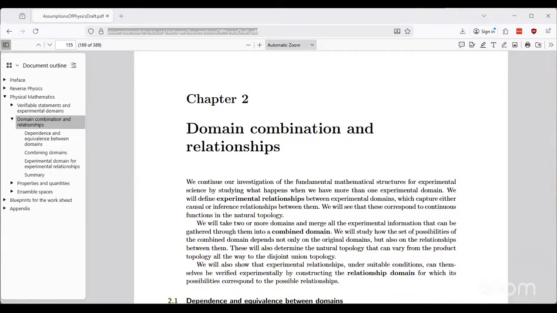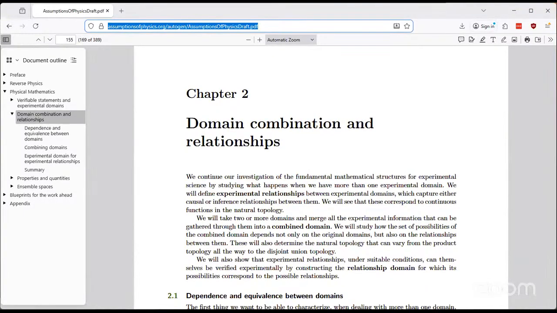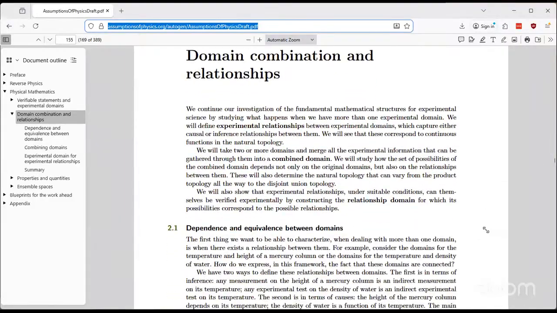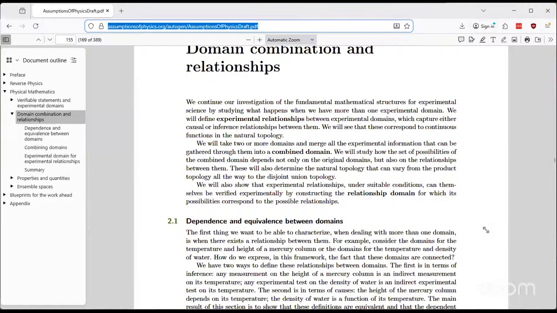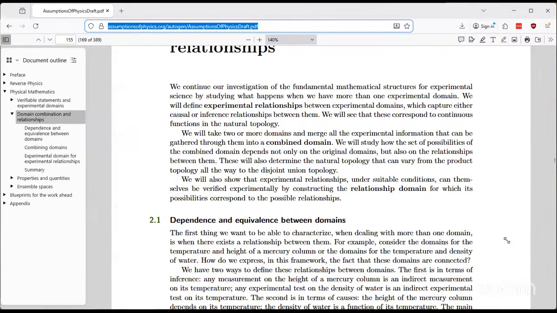Okay, Chapter 2, Domain Combination and Relationships. We continue our investigation of the fundamental mathematical structures for experimental science by studying what happens when we have more than one experimental domain. We will define experimental relationships between experimental domains, which capture either causal or inference relationships between them.